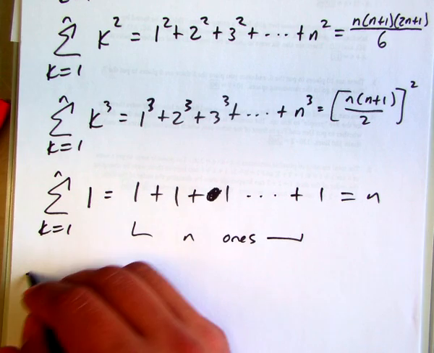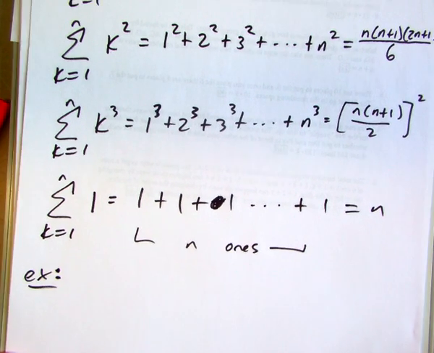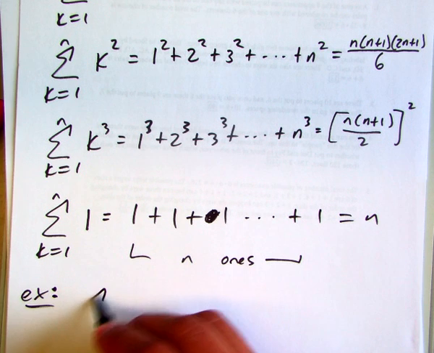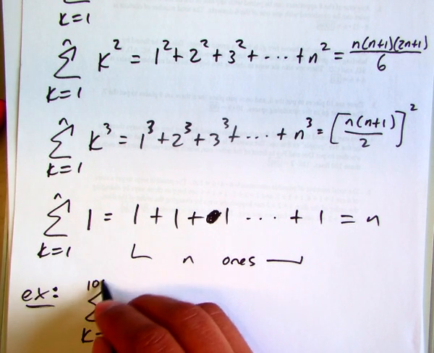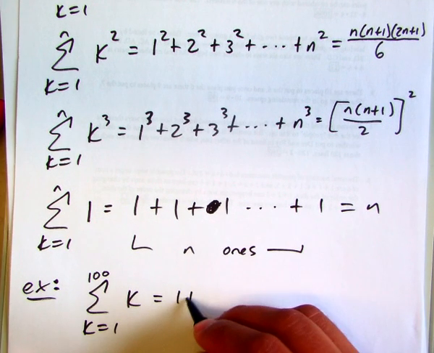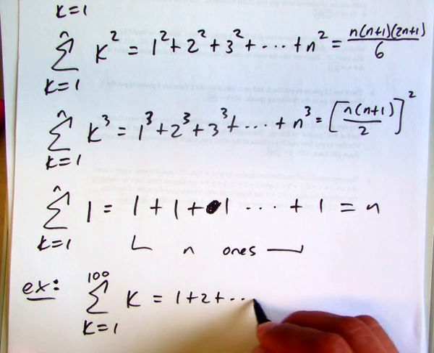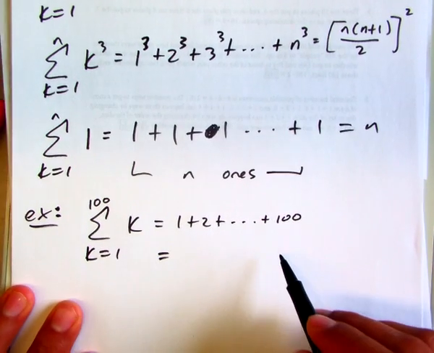Here's a quick example illustrating how to use one of these shortcuts. So for example, if I had the sum from k equals 1 to 100 of k, we know that that's 1 plus 2 plus etc. up to 100. That would take a long time to figure out by hand.